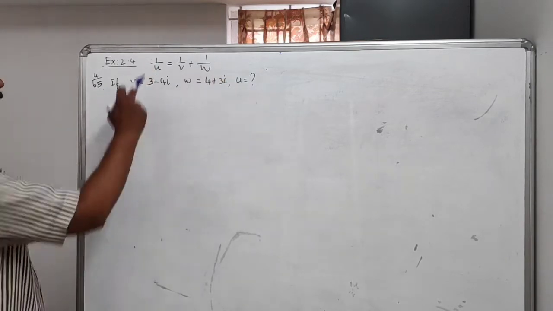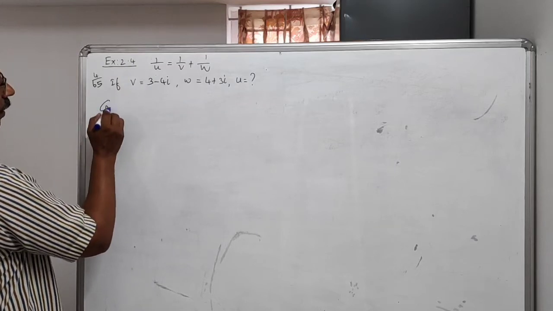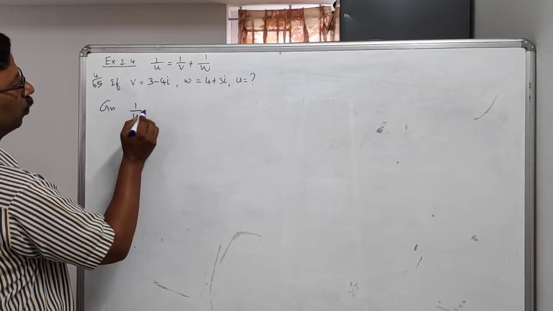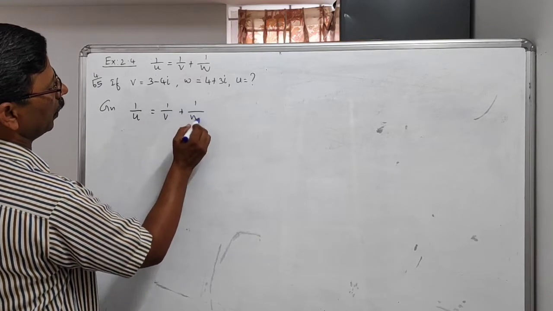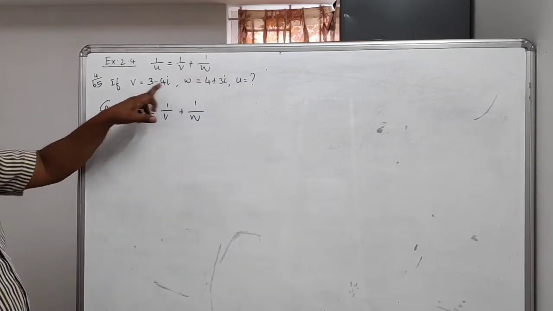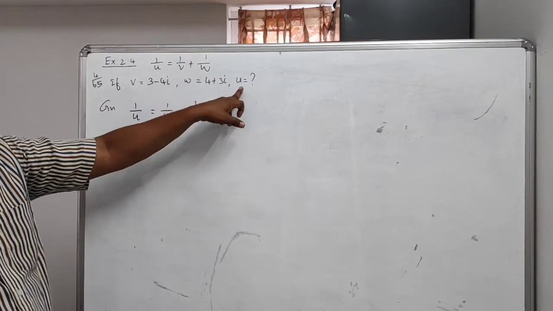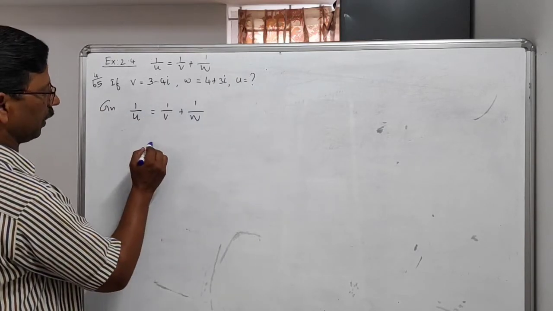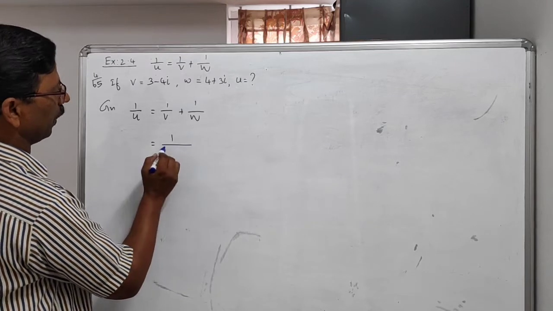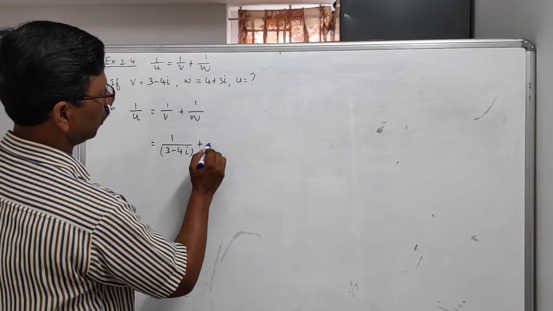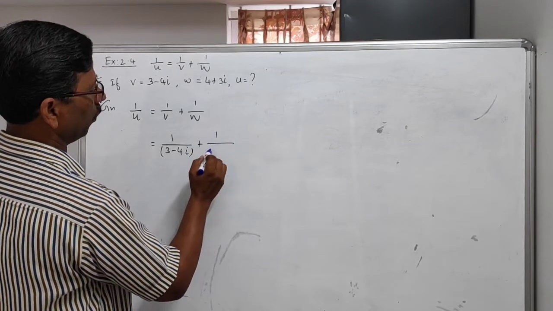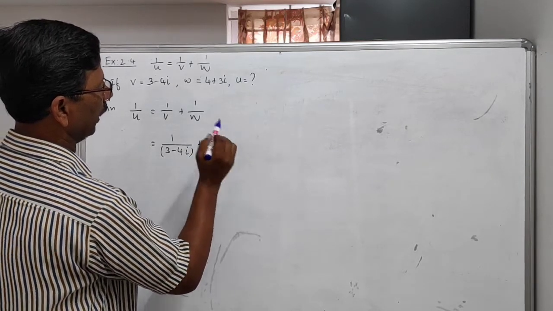Therefore, 1 by u is equal to 1 by v plus 1 by w. For these two values of v and w, we need to find what is u. Therefore, first we can write 1 by v means 1 by 3 minus 4i, plus 1 by w means 1 by 4 plus 3i.